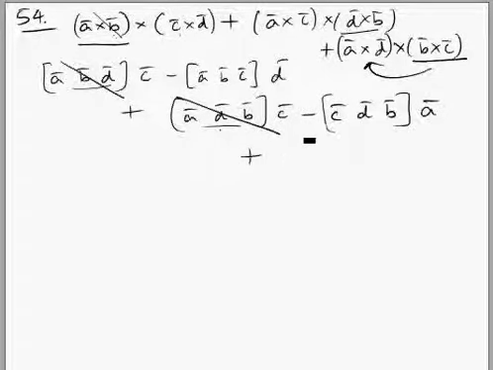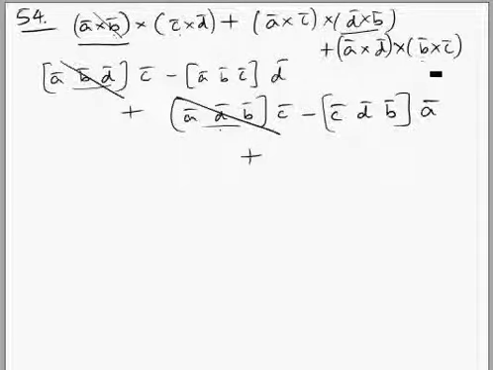And there's no choice in which B and C are there, so we should not have B and C. If you assume this as 1 and this as the bracket in the vector triple product formula, then you'll get the answer in terms of B and C, but the simplified form should not be in terms of B and C, because in none of the choices do we have B and C.